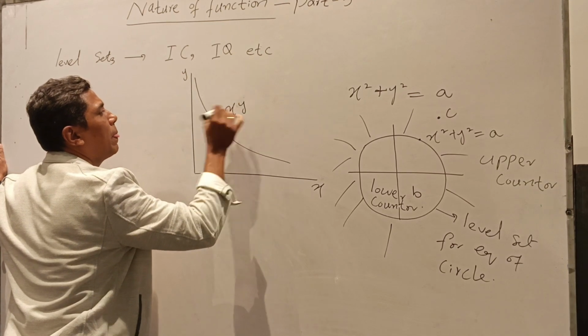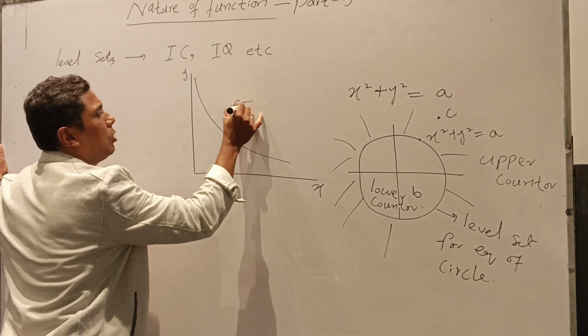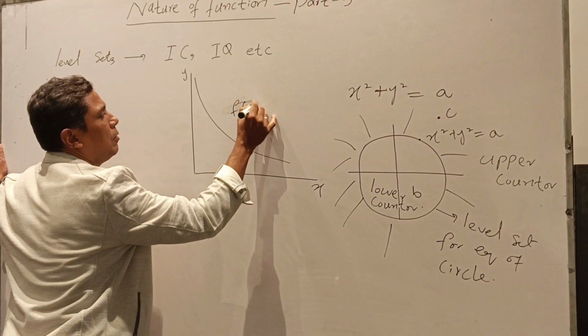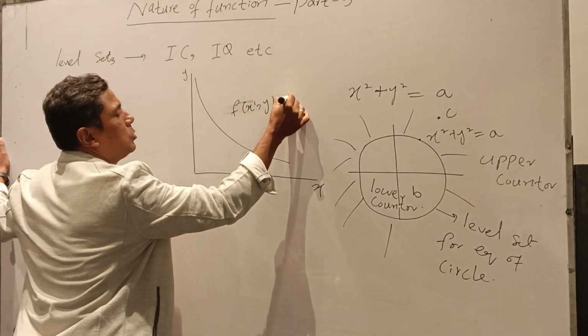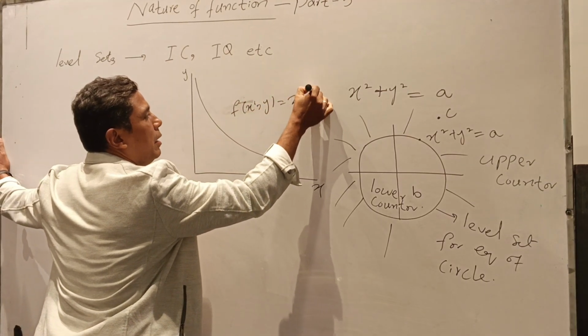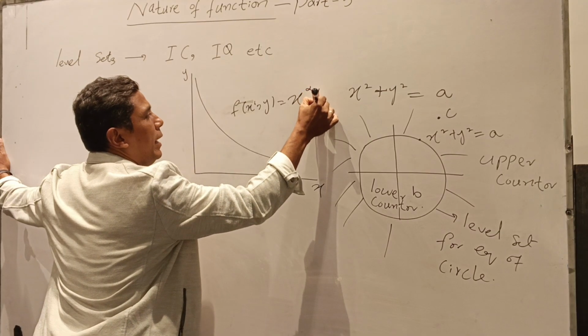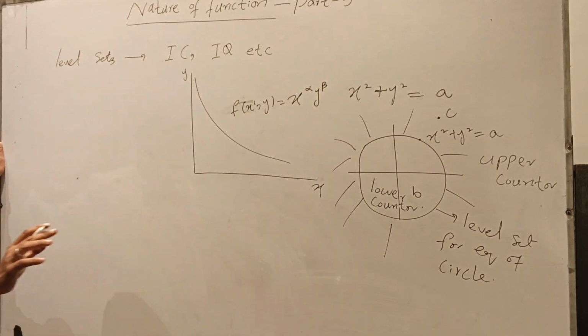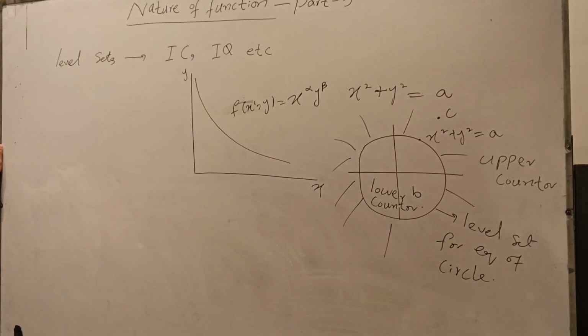So you can write the function f of x, y equal to x to the power alpha and y to the power beta. This is the Cobb-Douglas function.